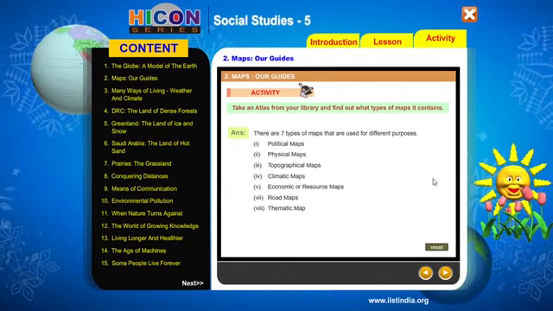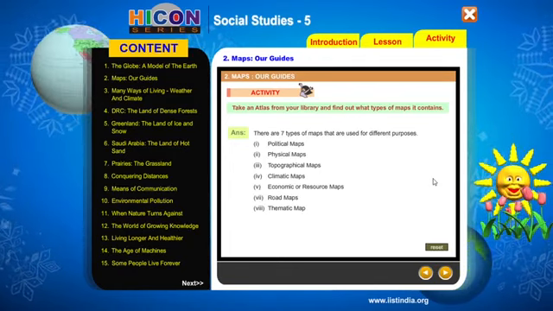Okay, let's see what the next question is. Prepare a chart of the signs and symbols used in a map. What are the different signs and symbols that we use in a map? Yes, we have the same chart in our textbook also.